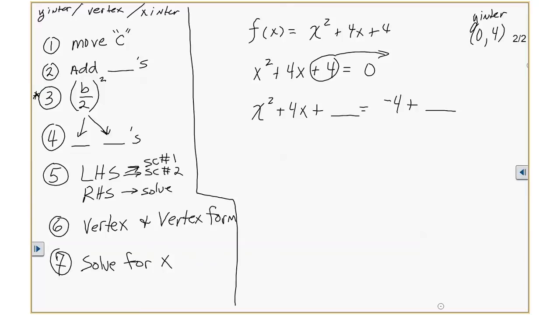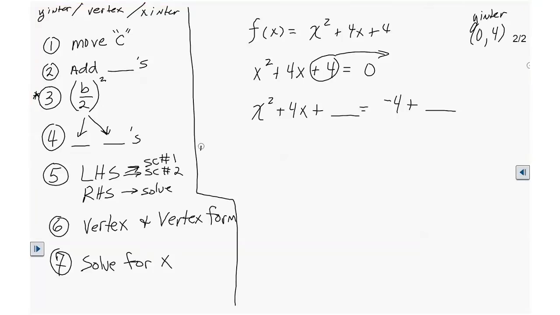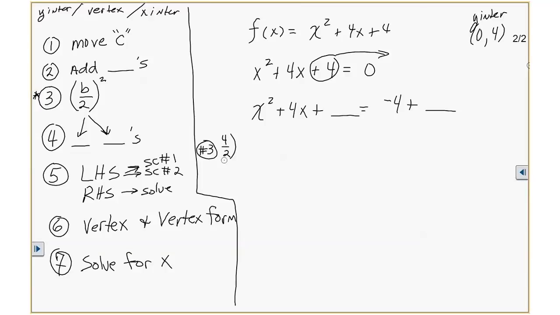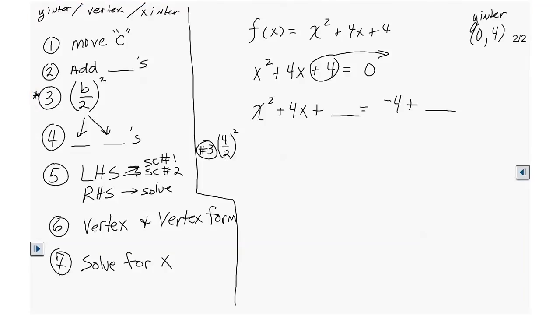Now we're at number 3. Now what's B? So I'm going to go over here and say number 3: 4 over 2, squared. 4 over 2 is what?